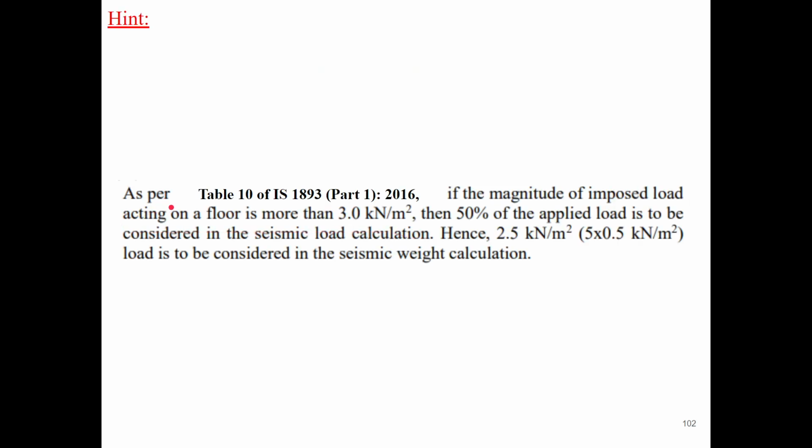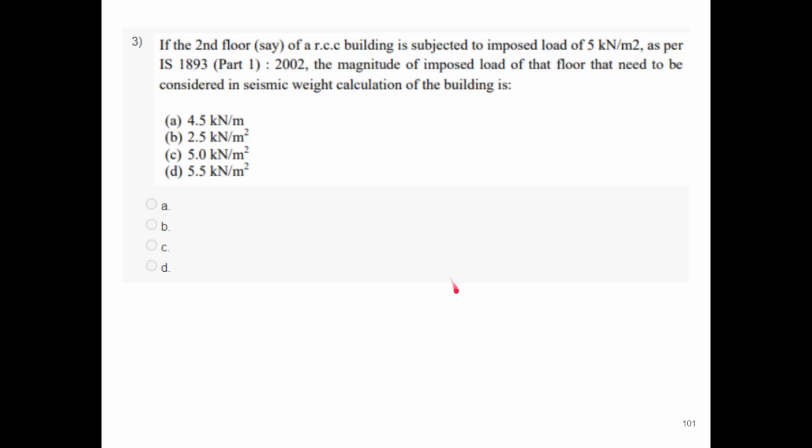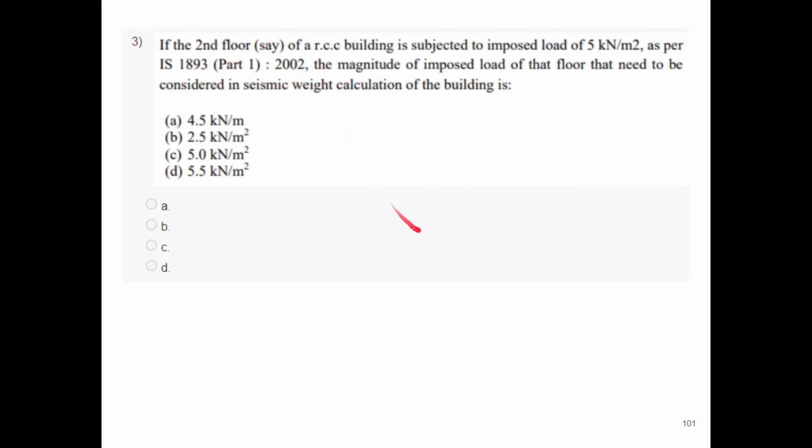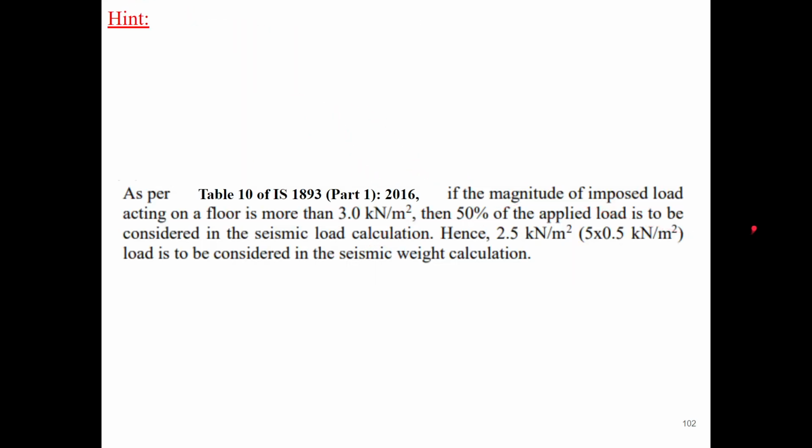Refer to table 10 of IS 1893 Part 1 2016. Again, I have mistakenly provided from 2016, but it is also the same. You can refer to 2002 also. If the magnitude of imposed load acting on the floor is more than 3 kilonewton per meter square, then 50% of the applied load is to be considered.